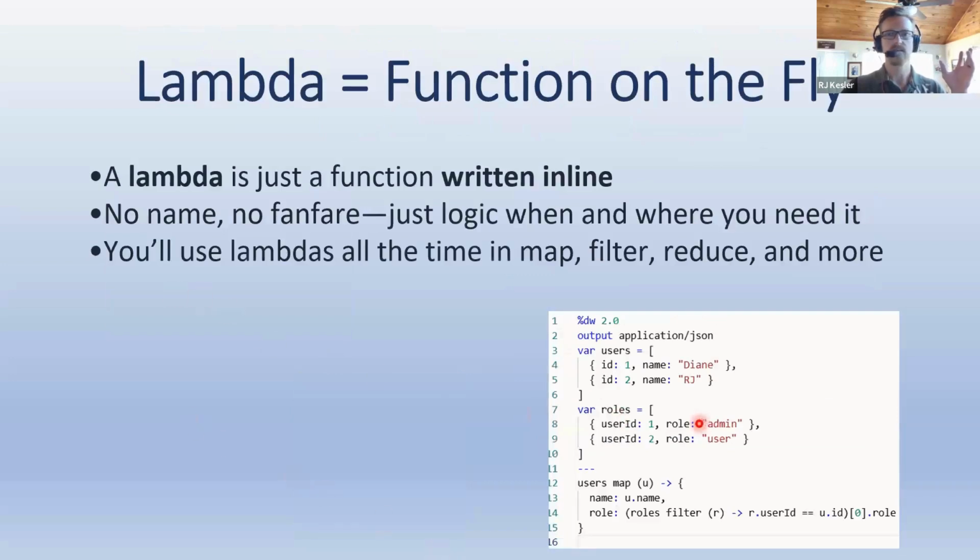So a lambda is not just a function. We wind up having these different things going on up here. So see this u right here? That's the lambda. That's saying for each u in the users, we're going to wind up referencing these variables up here. And I hope I'm saying that right.